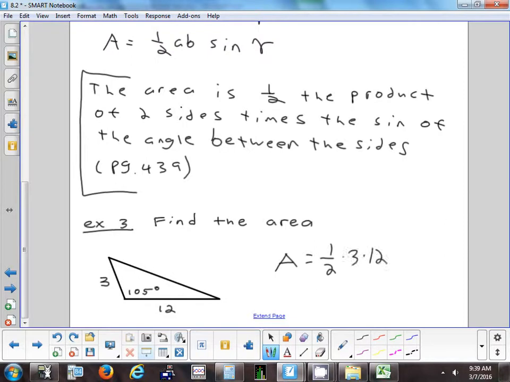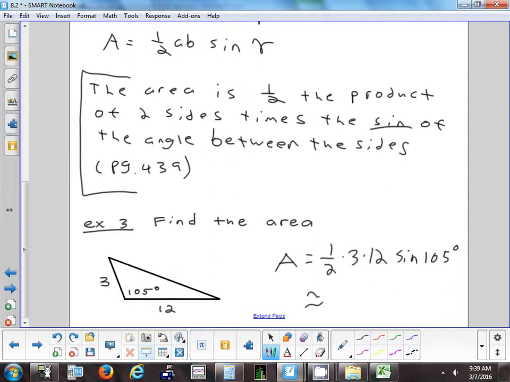Yep, half the product of the two sides. Times the what of 105 degrees? Sine. The sine of 105. So half the product of the two sides times the sine of the angle between. That's it. Now just type it in and see what you get.